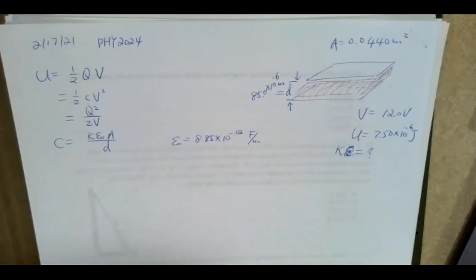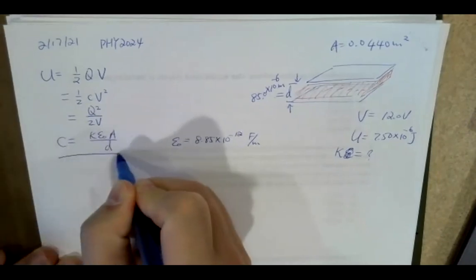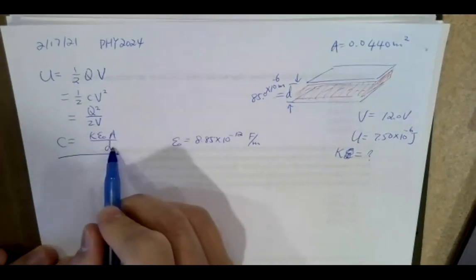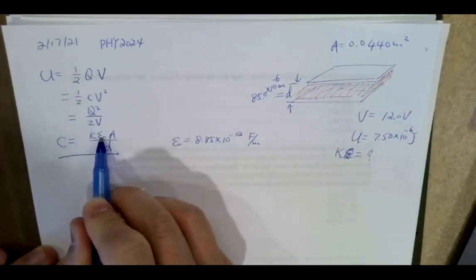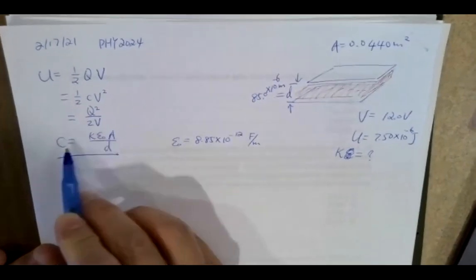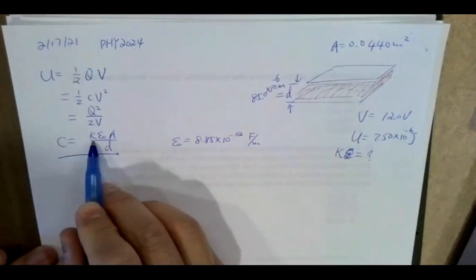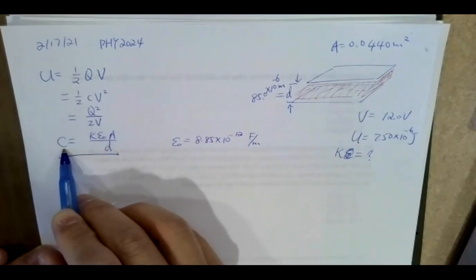All right. So let's take a look here. You're looking for kappa. Kappa is associated with the capacitance, right? So you can see it gives you D, gives you A, and epsilon naught is the constant. So if you know C, you can figure out kappa, right? So now the question becomes, how can you figure out C here?